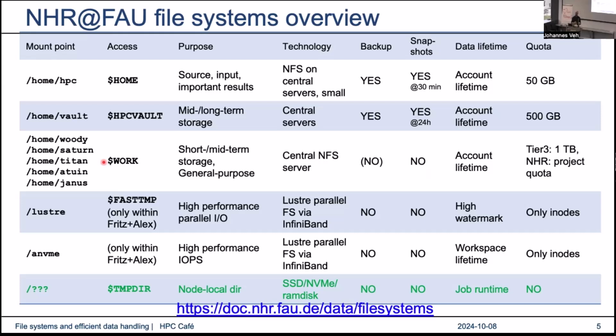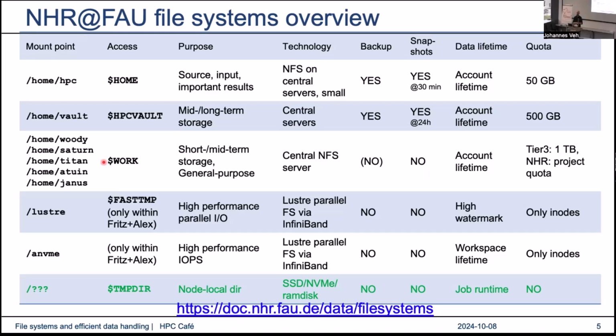You don't have a quota on this system. There's only deletion if the system gets too full. You will be notified, so we don't delete data without telling you that we have to somehow get rid of something because it's filling up too much. But there's a limit on how many files you are allowed to have on the system because it's designed to have a small number of files.